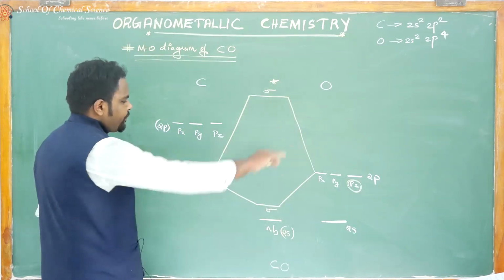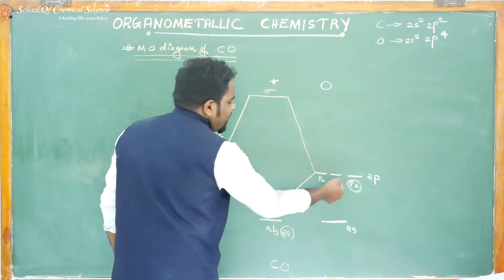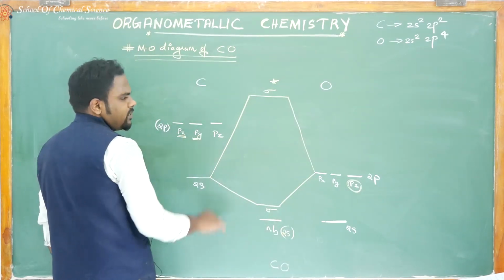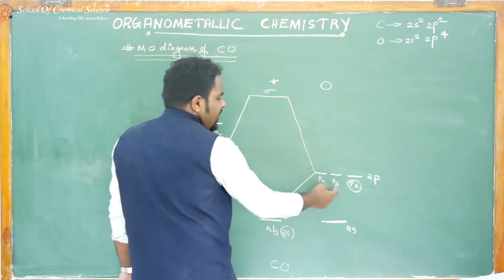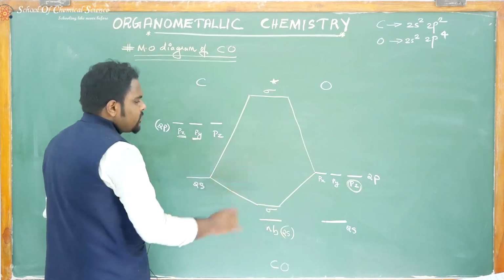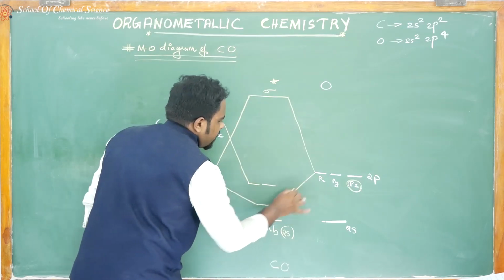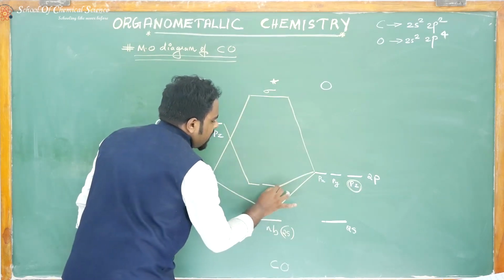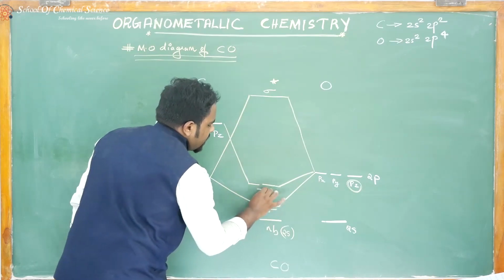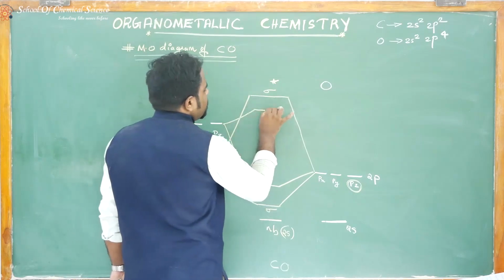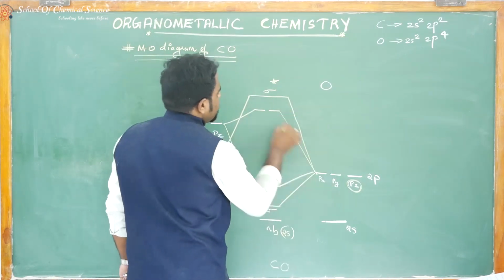Then here px and py are there. Px and py both have the same symmetry. They overlap to form two pi orbitals. Similarly, when a bonding orbital is formed, an anti-bonding orbital is also formed.